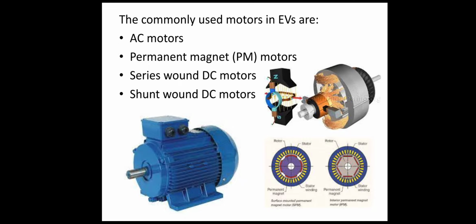Recent EVs and hybrid vehicles use AC motors, permanent magnet motors and switch reluctance motors. Tesla uses a type of AC motor.